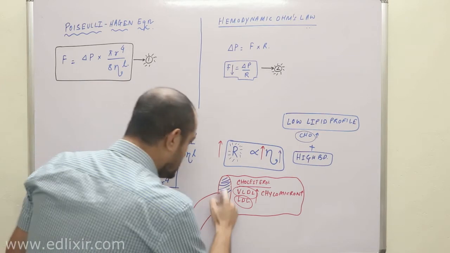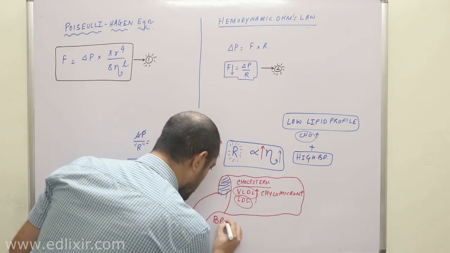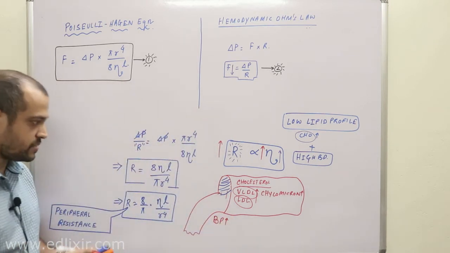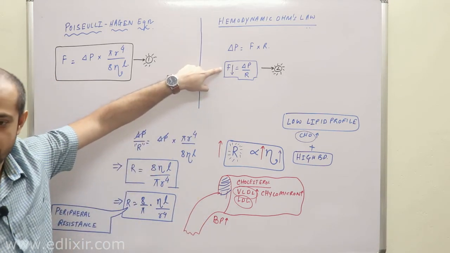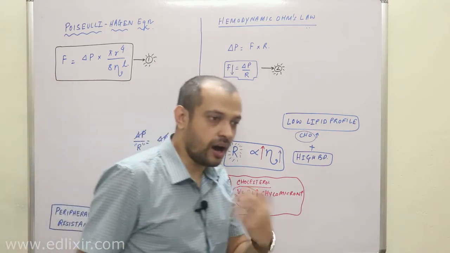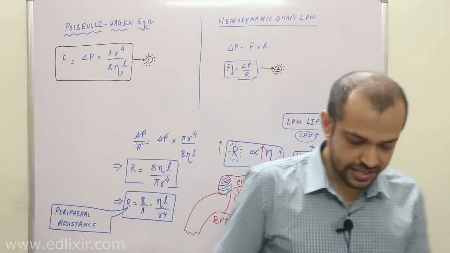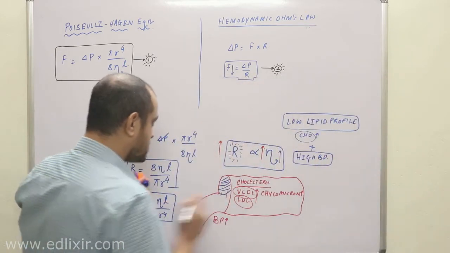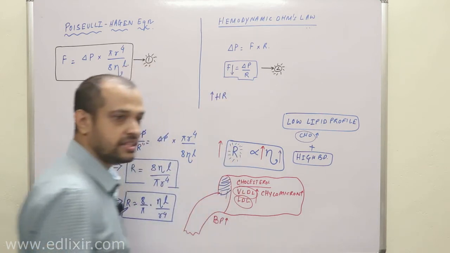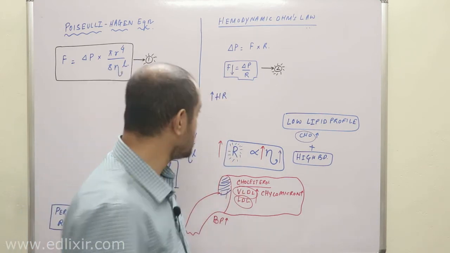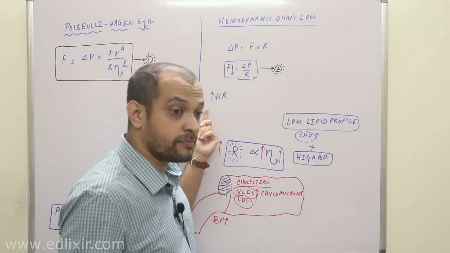That means in these cases the person will have high BP and low blood flow. Low blood flow means what? The heart will have to work faster. That means that person will also have a higher heart rate. That means in this case, Mary's law may fail.